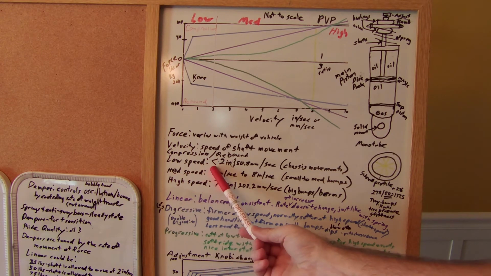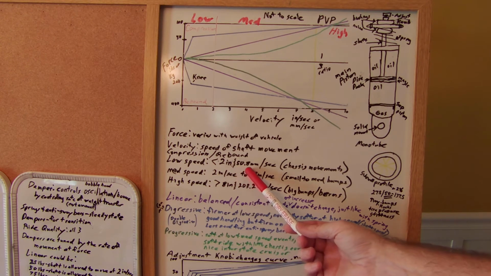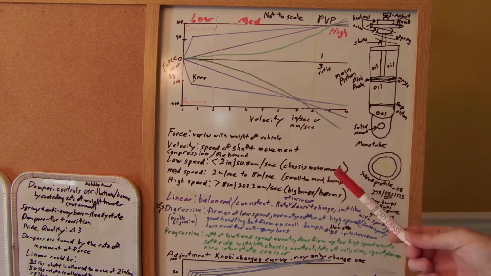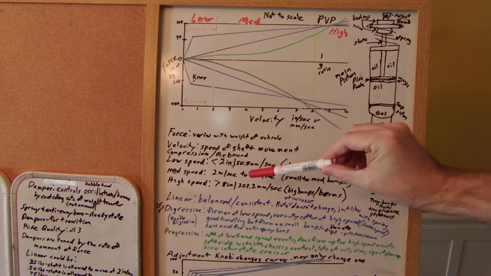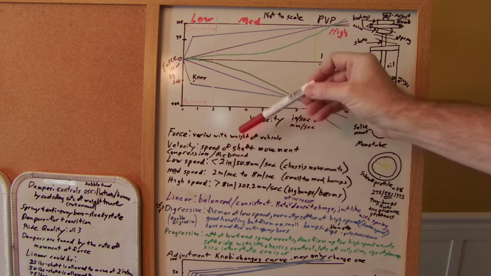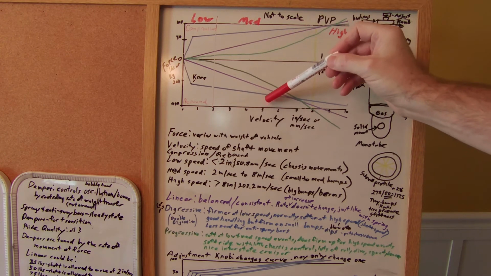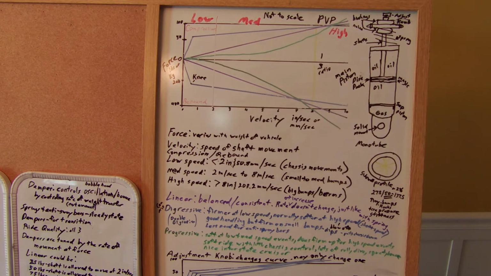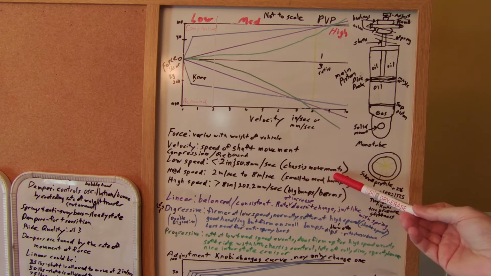Low speed is less than 2 inches a second or 50.8 millimeters a second, generally speaking. Some companies will consider low speed to be anywhere from 2 to 5. 5's excessive for low speed. It should be right around 2. And this is the chassis movements.